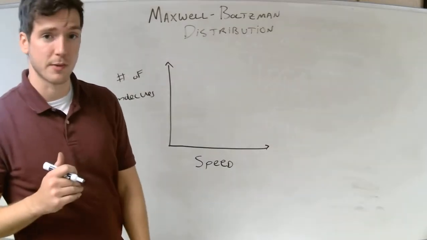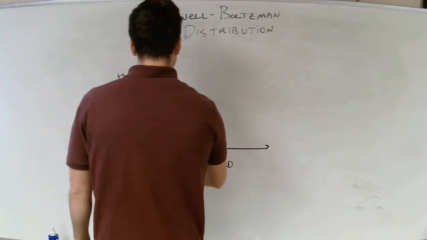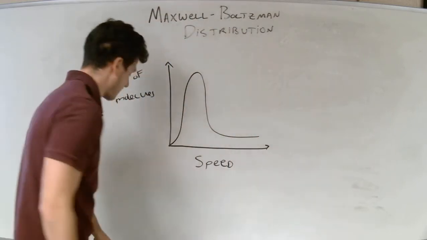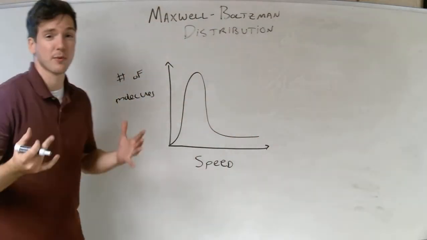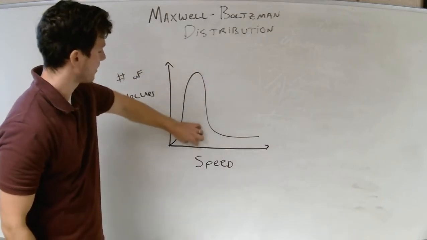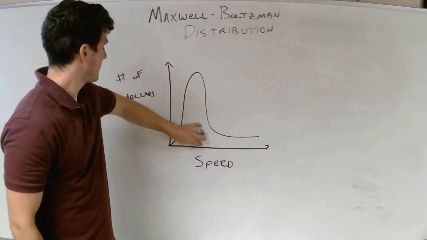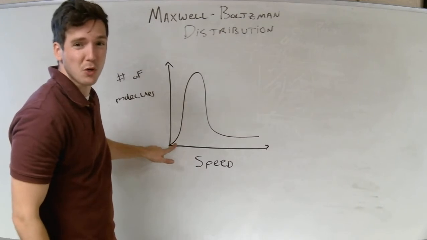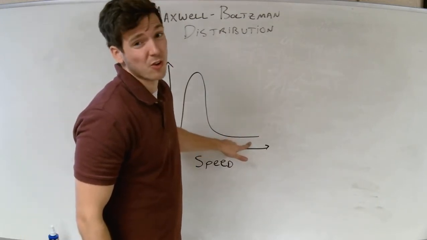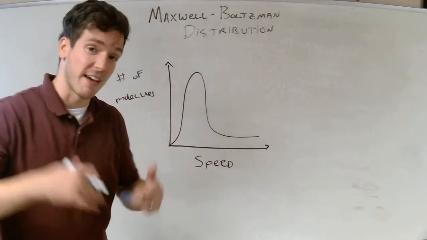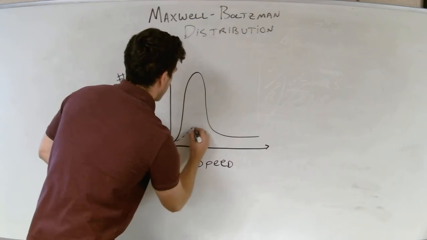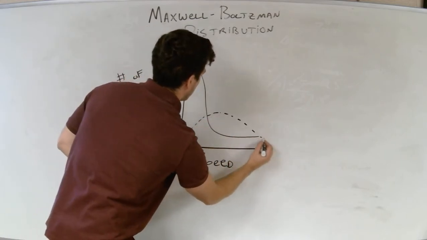That first box that we looked at, at 200 Kelvin, will show a curve that looks something like this. Remember, they both have 10 molecules. It's saying there's a good chunk of molecules going at this lower speed. There might be one molecule over here that's going really slow, and one over here that also goes really slow. But the 400 Kelvin curve is going to look something like this.